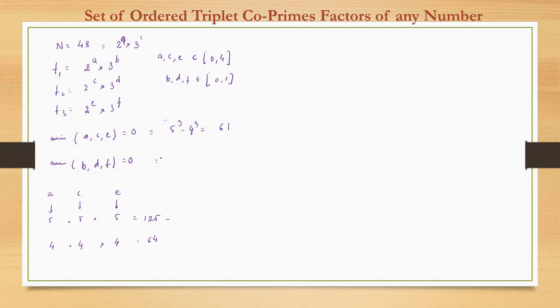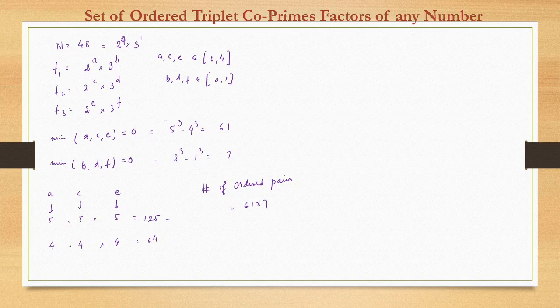Similarly, B, D, F can take a value 0, 1, two ways. So 2 cube minus 1 cube. In the same fashion, this is nothing but 7. So the total number of ordered pairs would be 61 into 7, right? Here we cannot get unordered pairs, because when we say pairs it is only for two numbers.